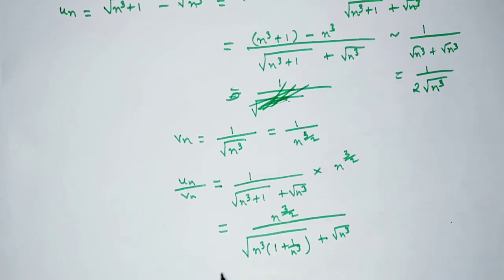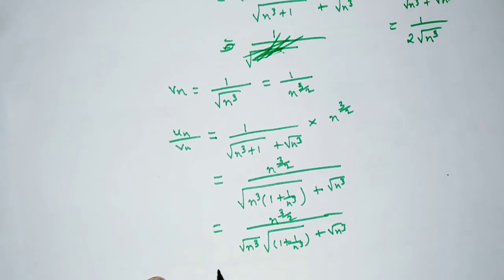Okay, n to the power 3 by 2, take this one out, we have root n cube, root over 1 plus 1 by n cube, plus 1. So these two get cancelled because root n cube is n to the power 3 by 2.